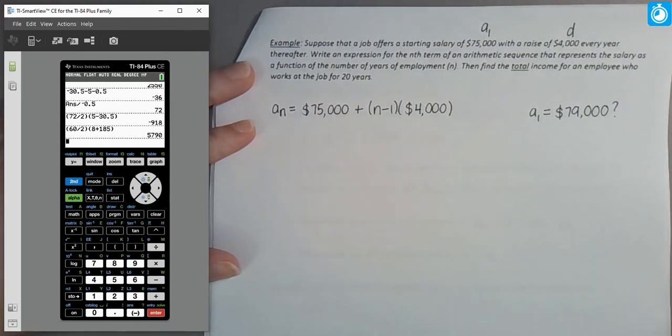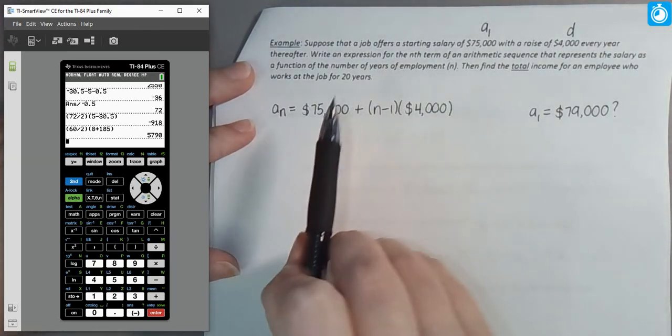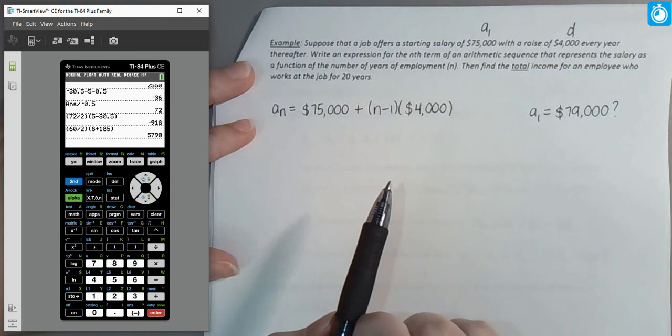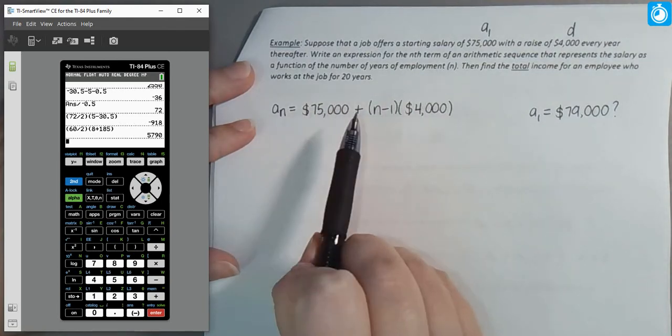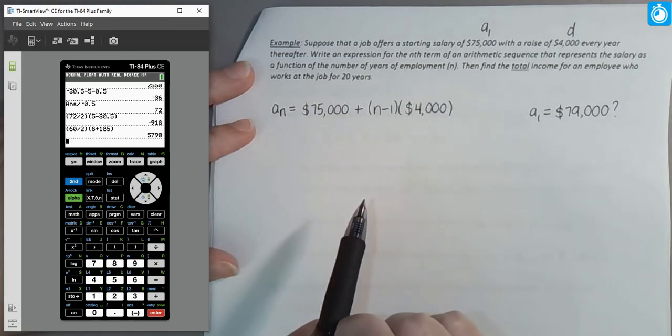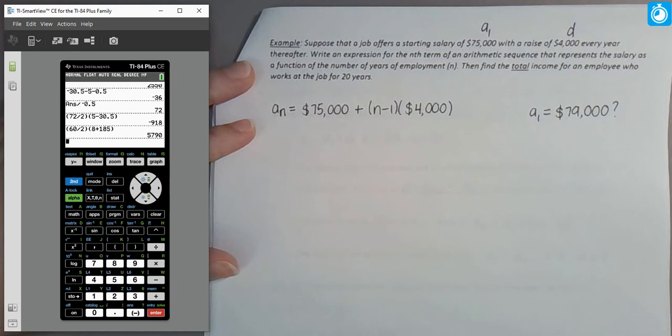It really depends, and that's kind of open to interpretation right here. But what we're really focused on is just the structure of the problem, where we start and then adding on the 4,000 thereafter. Okay, so for the first year we make 75,000, and then each year thereafter we add on 4,000.